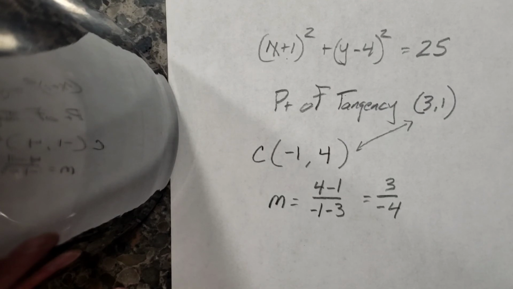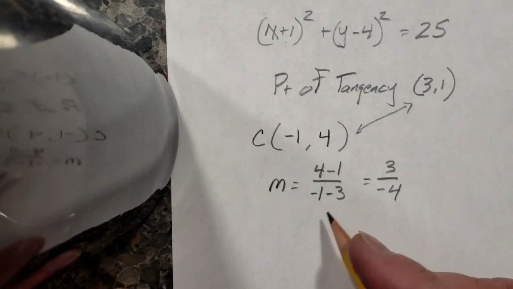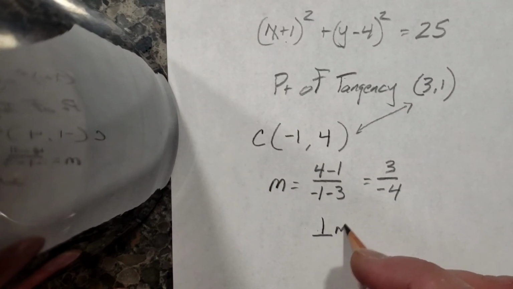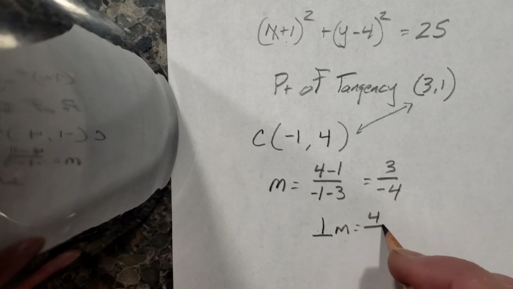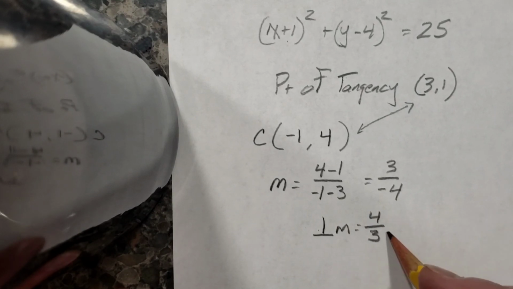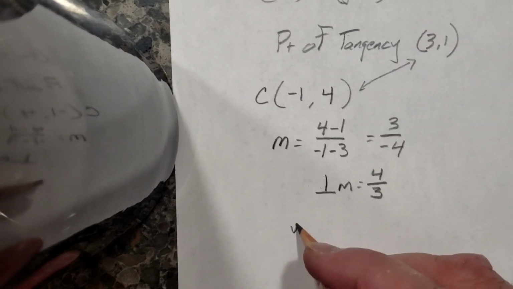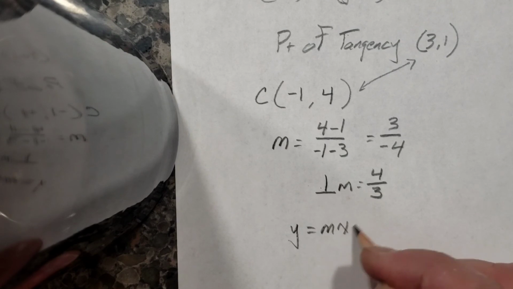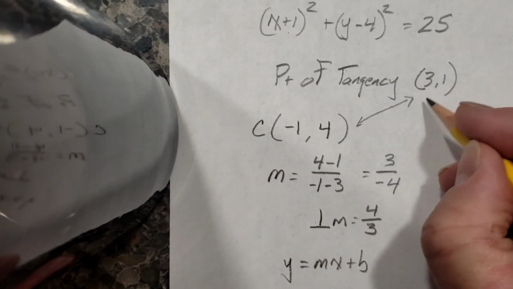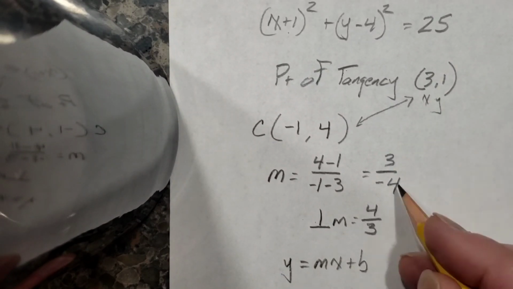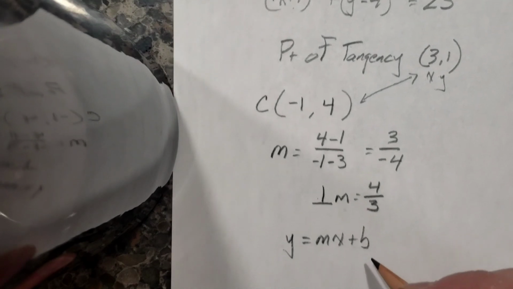Now the line that hits that is the opposite reciprocal. So the perpendicular slope is 4 over 3. Now we have that perpendicular slope. We have the point of tangency. Y equals mx plus b. We use our x, our y, and our m to solve for b.